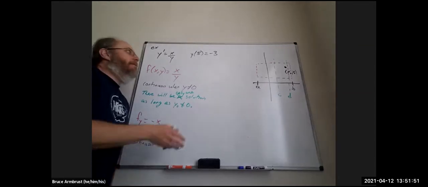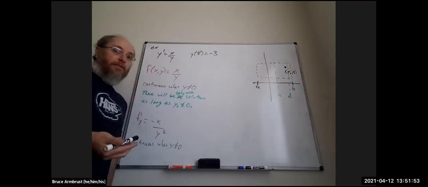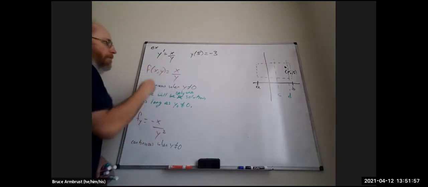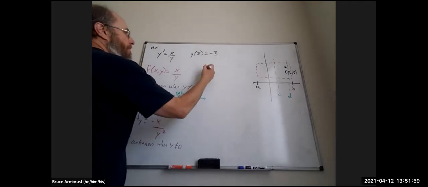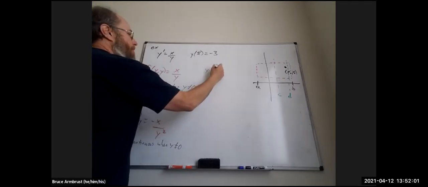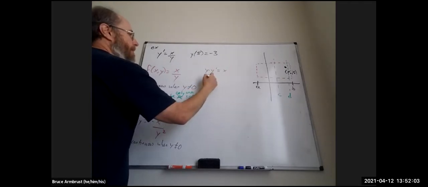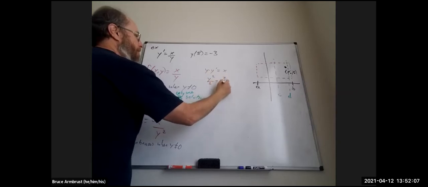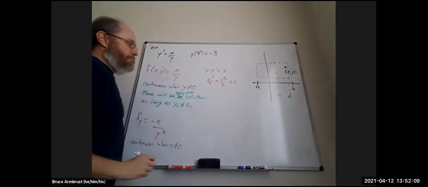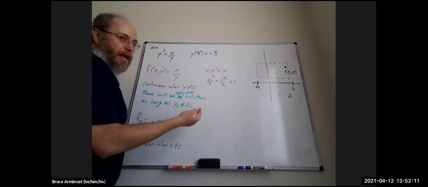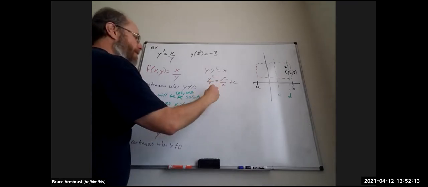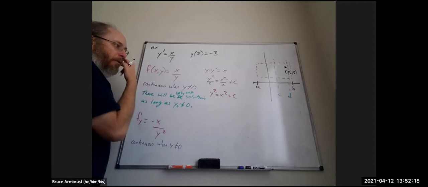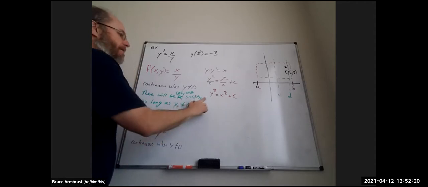So let's find it, because this is an easy enough one to solve. Let's actually find the solution. This is separable. This is y times y prime equals x. Integrating both sides gives me y squared over 2 equals x squared over 2 plus c. I'm going to go ahead and multiply by the 2's just to get rid of the fractions. So we got y squared equals x squared plus c.